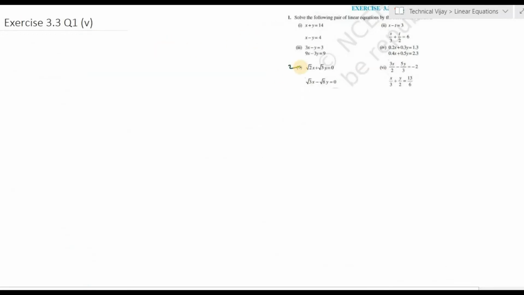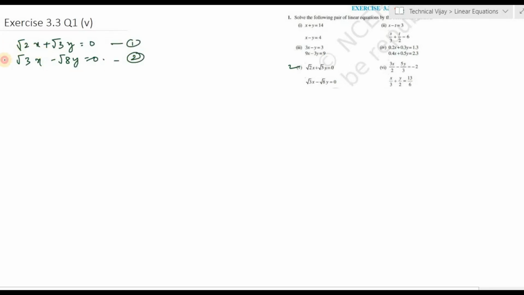So here the fifth one we will take: root 2 x plus root 3 y is equal to 0, and root 3 x minus root 8 y is equal to 0. This will be equation number 1, this will be equation number 2.